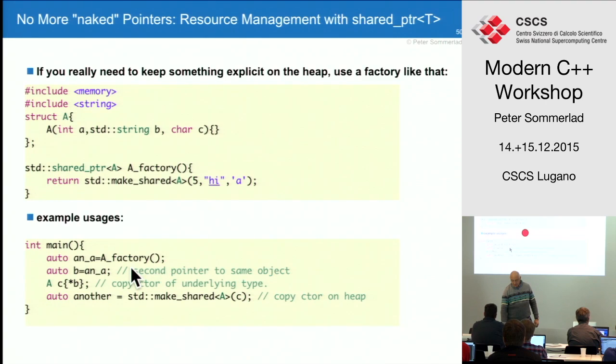And we can even copy shared pointers, which will increase the reference count underneath. We can copy the underlying object, which would happen here. We can create another shared pointer by copying the copy.